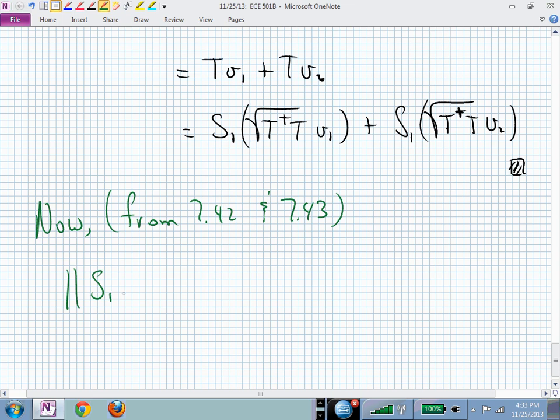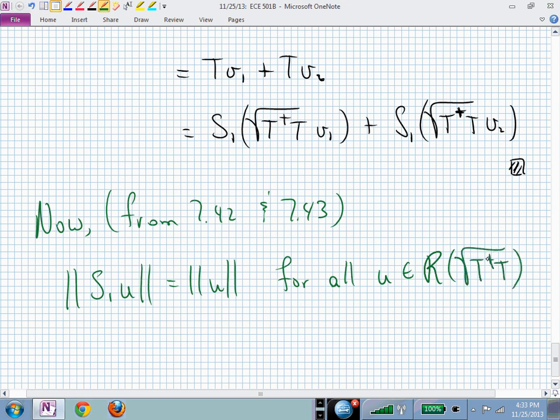We can actually claim that the norm of S1u is equal to the norm of u, for all vectors u living in the range of the positive square root of T dagger T.